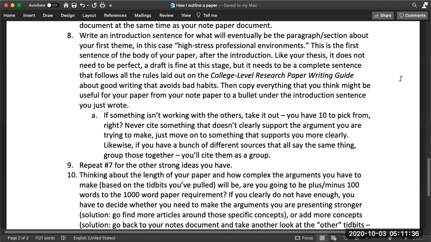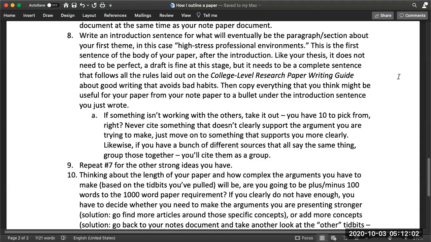So make sure that it's a complete sentence. Make sure that it follows all the rules laid out in the college level research paper writing guide about good writing that avoids bad habits. And then write your sentence and copy everything that you think might be useful for your paper from the notes side of your screen to a bullet under the introduction sentence that you just wrote.